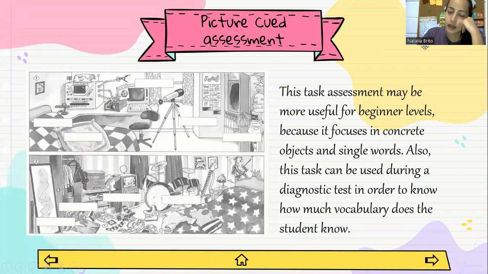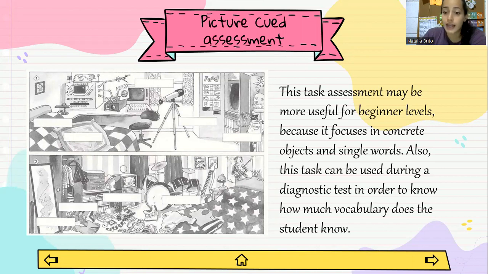Here's one example. This activity is used for the lower levels, okay, beginner levels. This is a picture code assessment. This task assessment may be more useful for beginner levels because it focuses on concrete objects and single words.